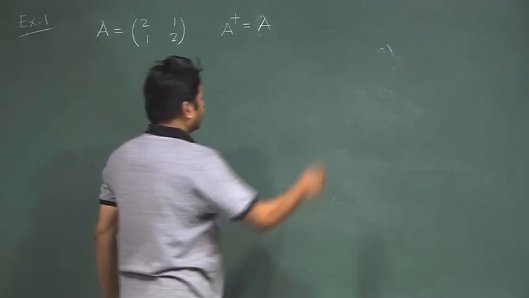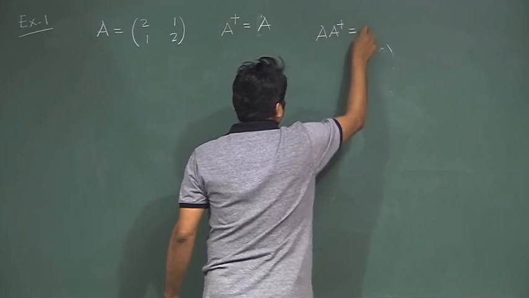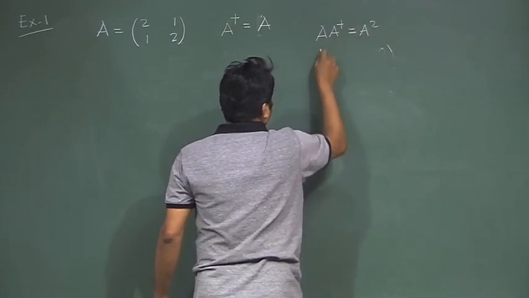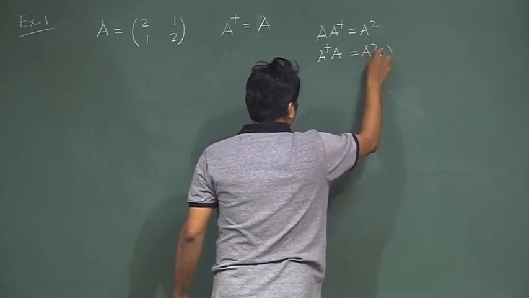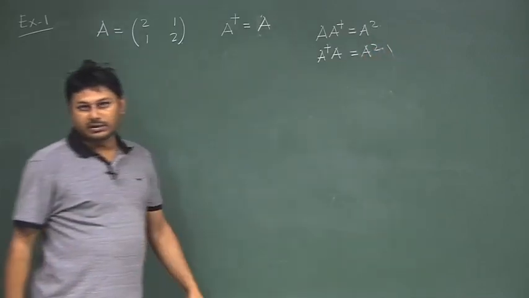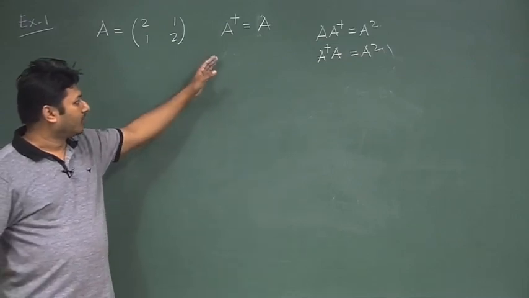So that means A Dagger A is nothing but A squared, and A A Dagger is also A squared. So no need to verify further whether it is a normal matrix or not.